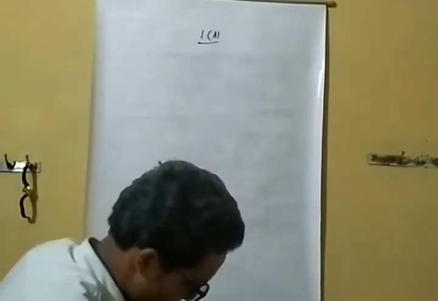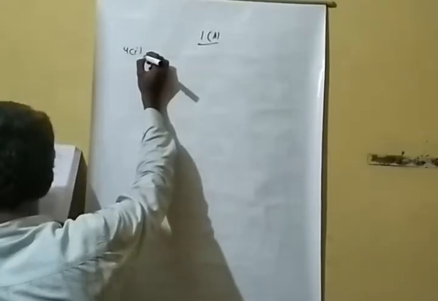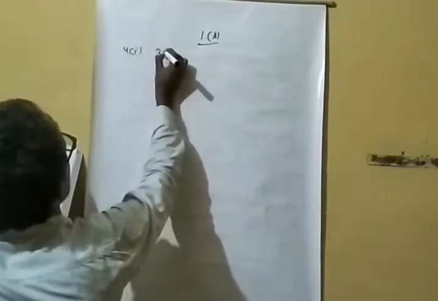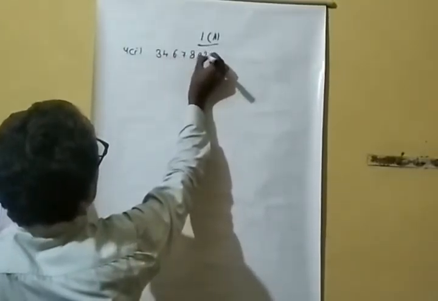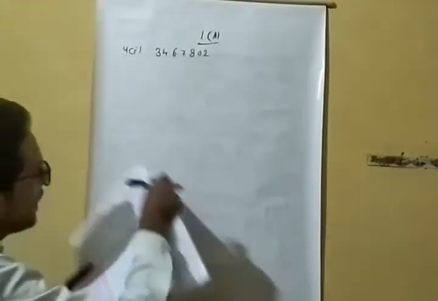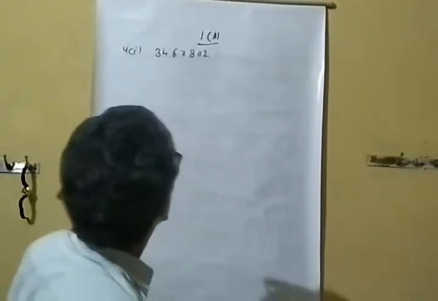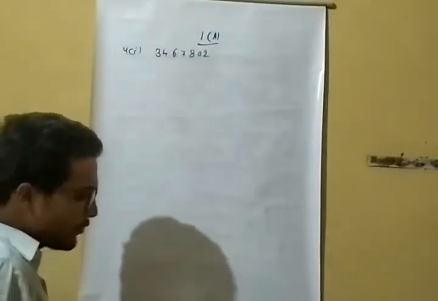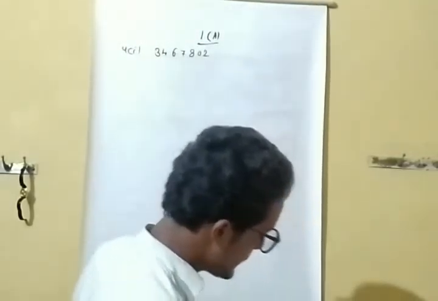The first part is 34,67,80. As you know, odd digits are those which can't be divided by 2 perfectly.